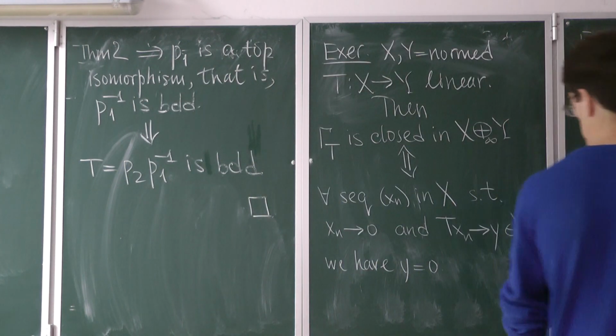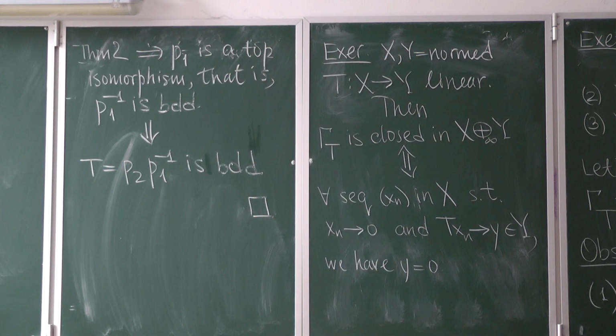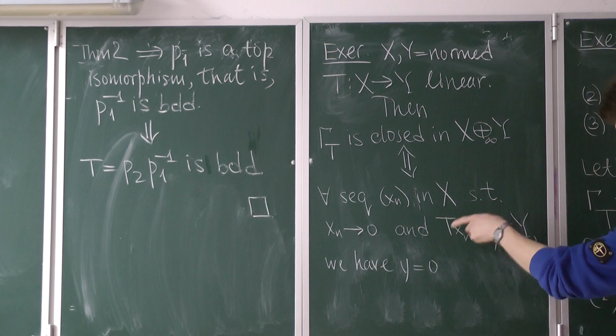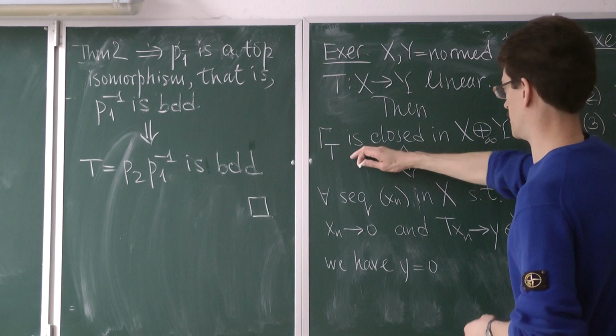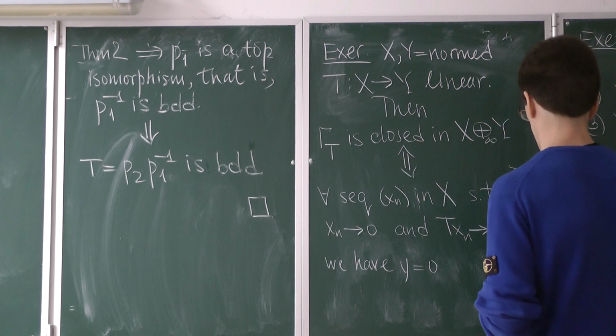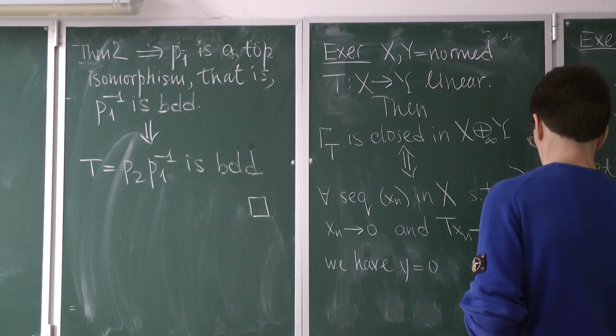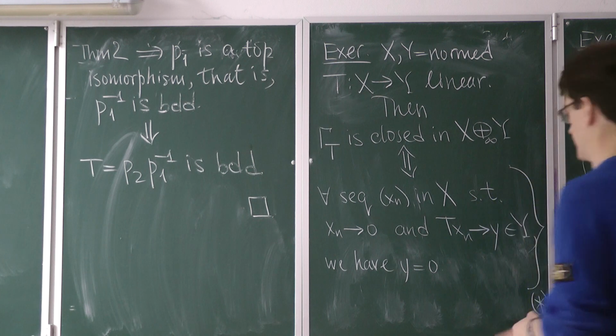So if xn goes to 0 and T xn converges, then the limit of T xn equals 0. So this condition is equivalent to the statement that the graph is closed. This is a simple exercise. And let's denote this property by star.